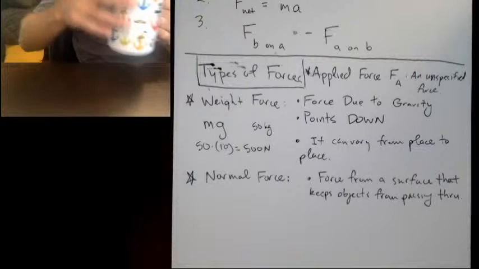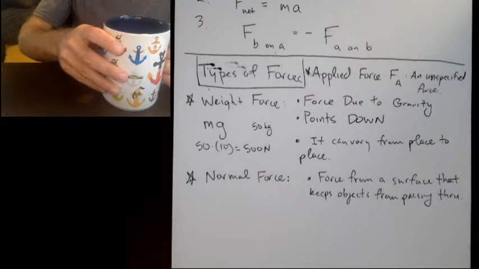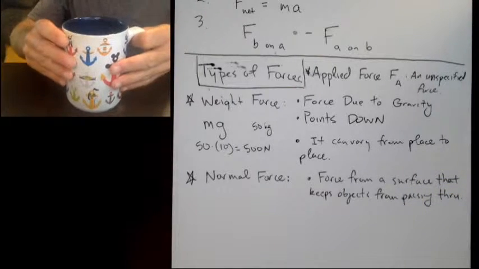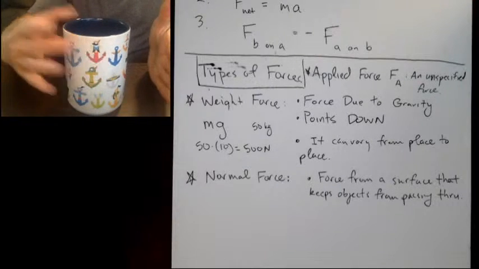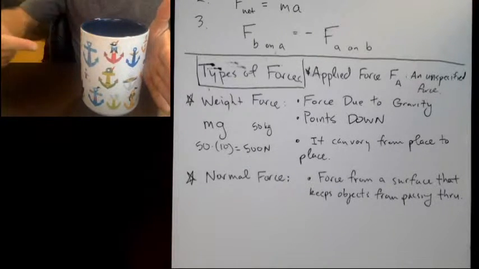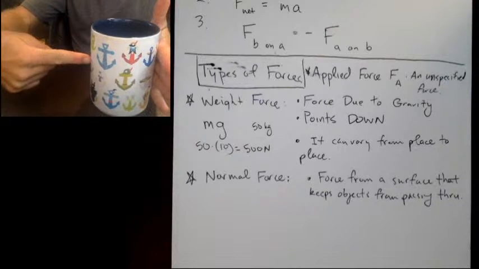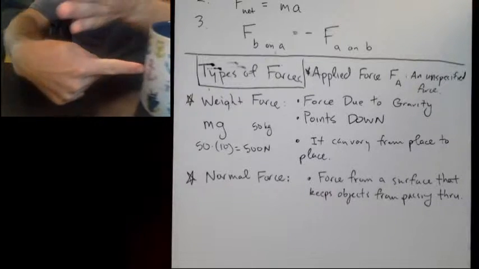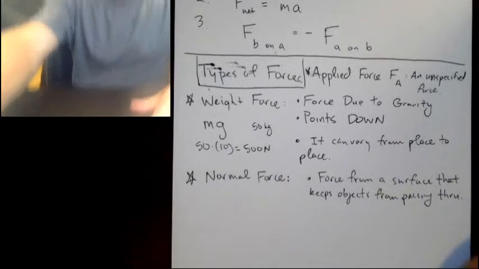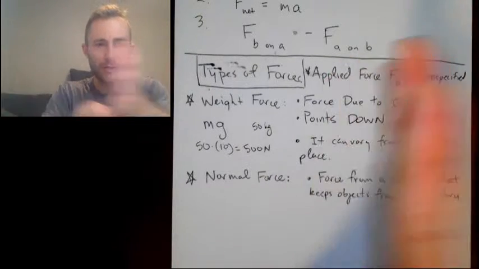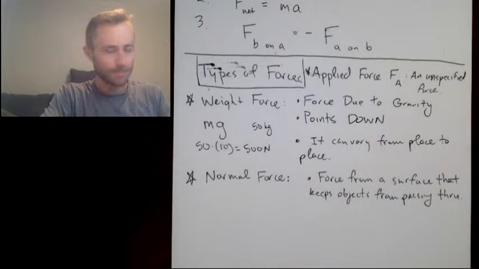So we need a normal force in order to set one object on top of another object. If there was no normal force, if I push the cup against my hand, the cup would just pass through my hand. So the normal force keeps objects from passing through each other.